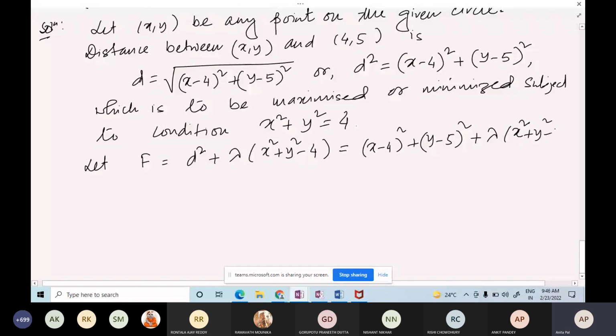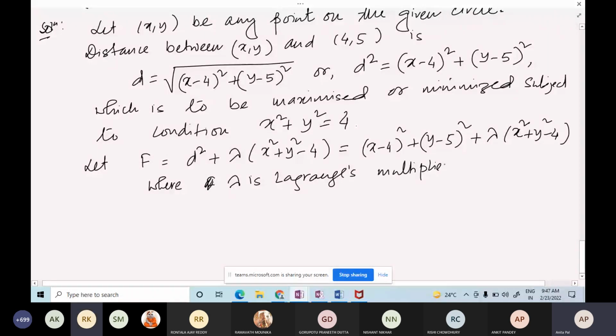So how we have constructed capital F, I believe you people understood. Where lambda is Lagrange's multiplier.